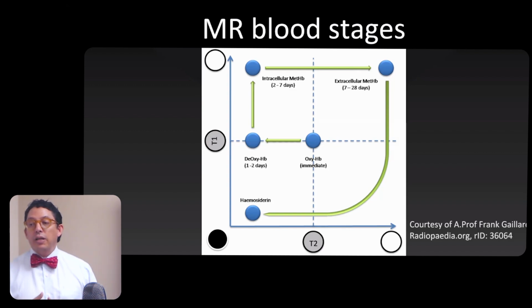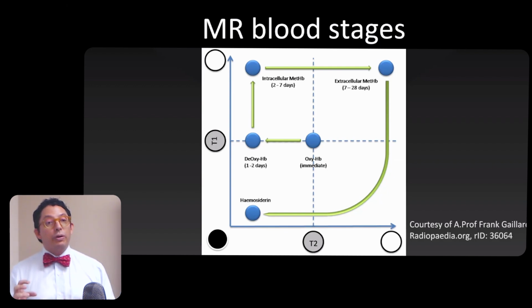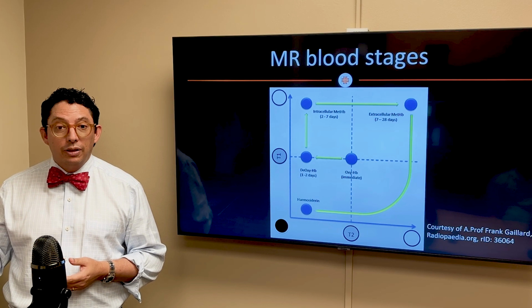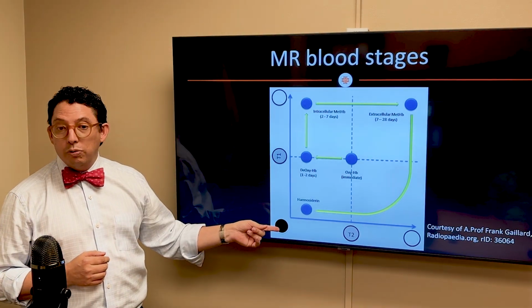Then the blood products start decomposing, and as they do that, it becomes something that we call methemoglobin. One of the coolest things about methemoglobin is that it becomes bright on T1. So methemoglobin becomes bright on T1, it's still dark on T2.